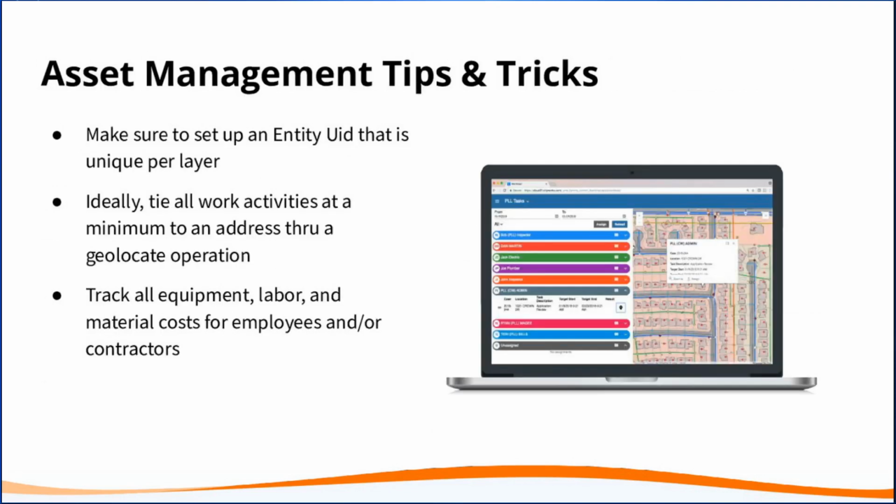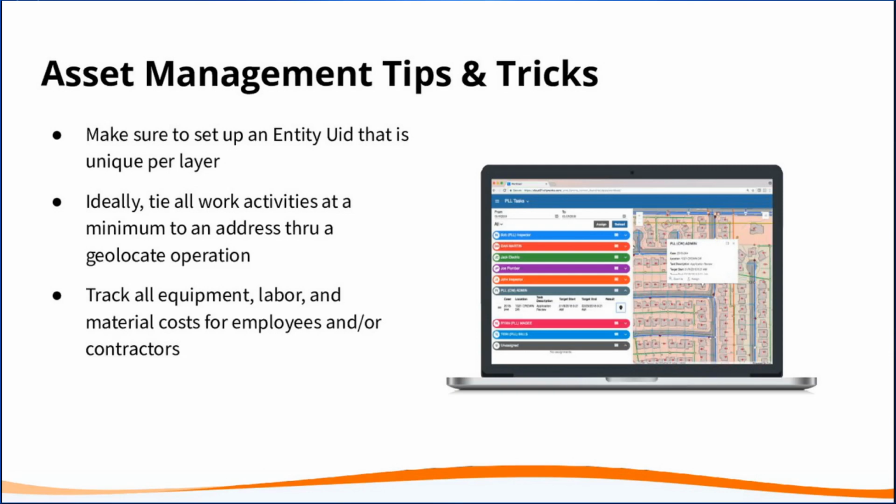On this slide, we're just giving you 3 foundational asset management tips, or foundational things that we've seen are very important. Number one, every one of your asset layers that you're going to leverage in Cityworks needs to have an entity UID. That ID needs to be unique amongst that layer, but even safer if it's unique across the entire geodatabase.